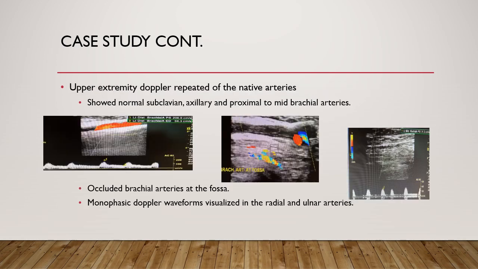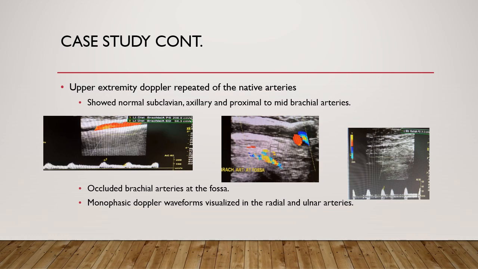So upper extremity Doppler was repeated of the native arteries in this patient, and the subclavian, axillary, and proximal to mid-brachial arteries looked normal, was open. However, as you see in this image, the brachial artery is occluded at the fossa, and there were monophasic Doppler waveforms visualized in the radial and ulnar arteries.